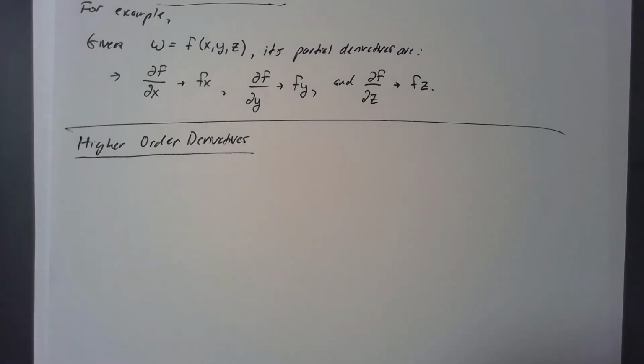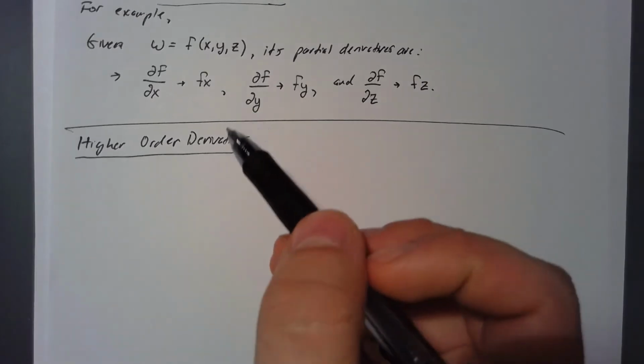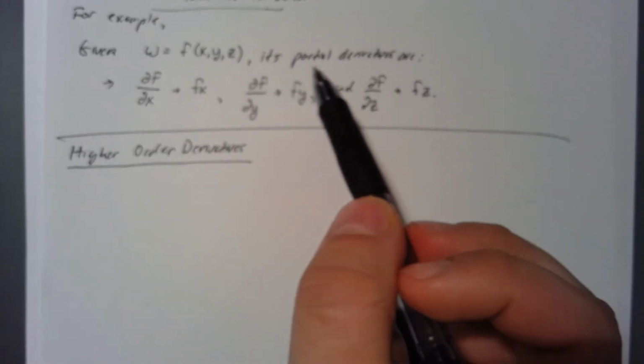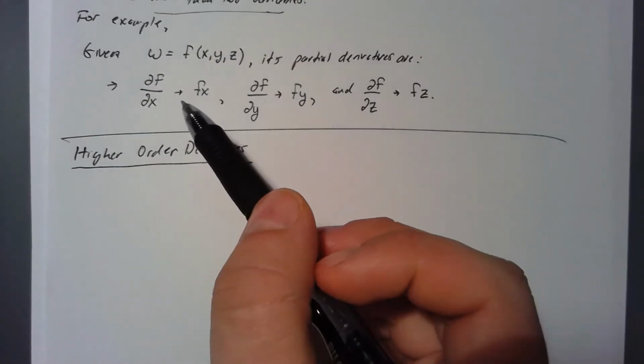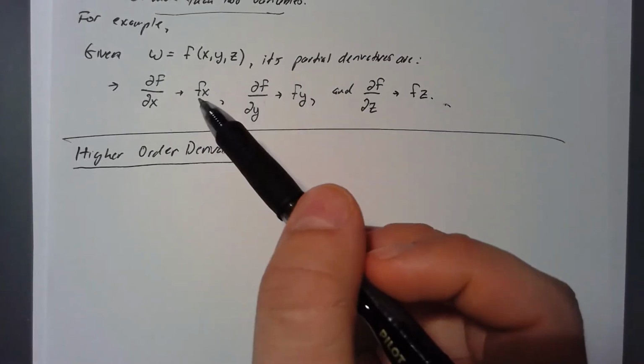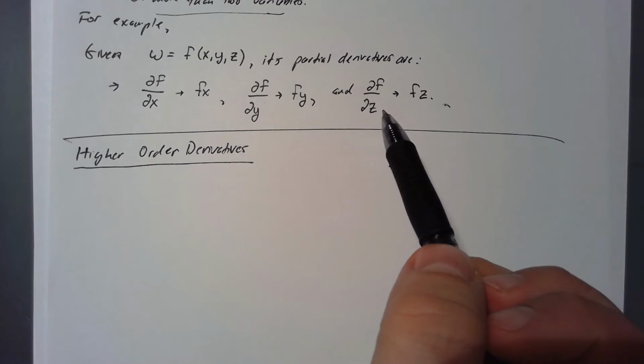So this is where things get really entertaining in Calc 3. It's not as straightforward as single variable functions. When you take the derivative of a single variable function, you just keep going, right? But here, if I look at this one for example, if I take the first partial derivative, f of x, f of y, f of z. All right, partial of x, partial of y, partial of z.